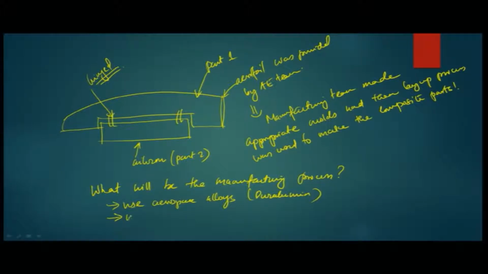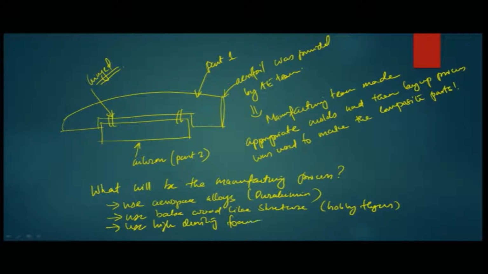Another option is to use balsa wood like structure, which many hobby flyers do, or use high density foam, or use FRP, fiber reinforced plastics.